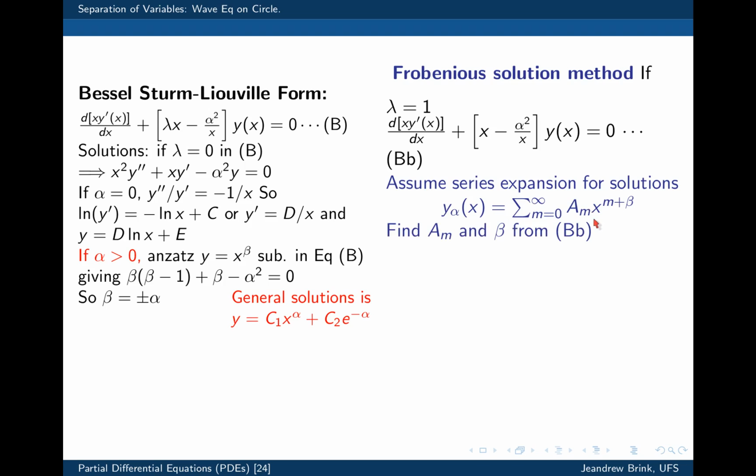Okay, and what we're going to do is take this thing and substitute it into this expression, and from that try to determine what a_m and beta are. So let's just do it. To be able to do it, we're going to need the derivatives of y.